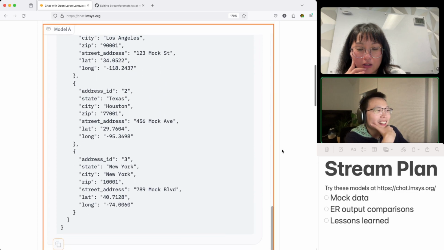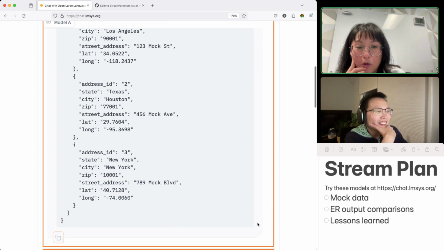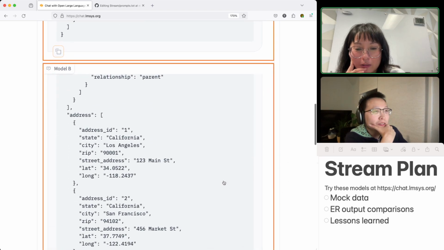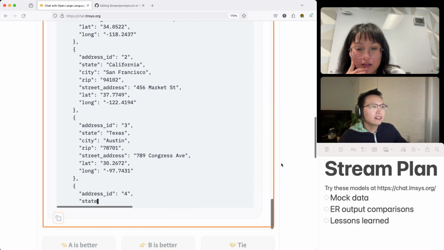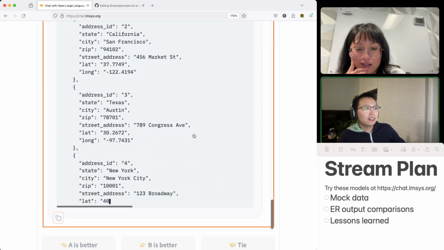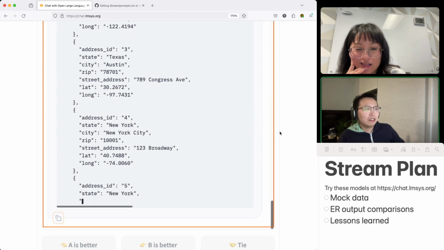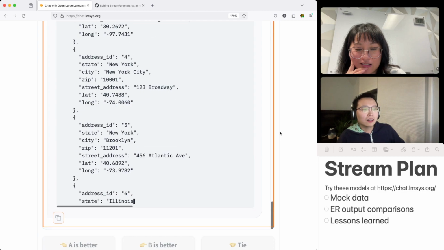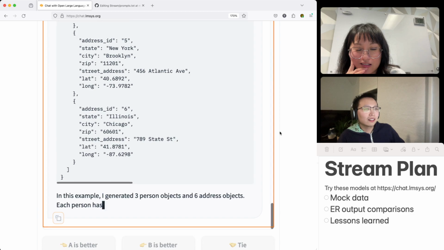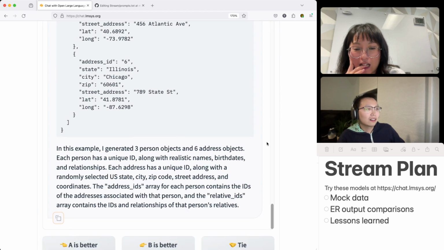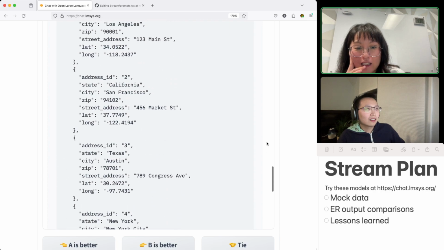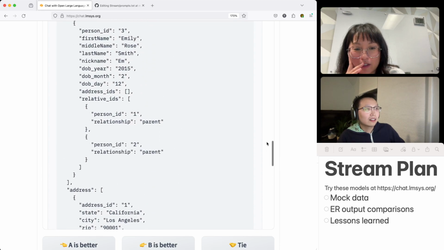Medium is the second one, the one that's still writing. Does it generate six addresses? It does. That's step one. Did it generate three person objects?